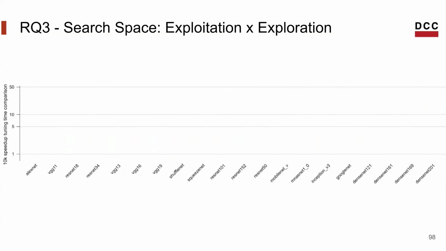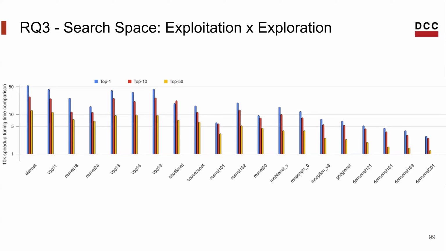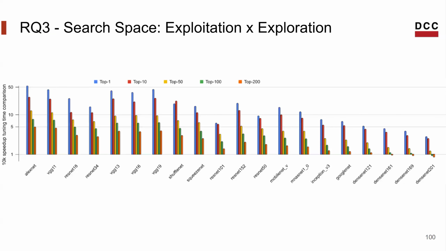And let's look at the search time issue, how much better it was. So on the y-axis, we have the search time relative to 10,000 samples of answer. When we consider up to 50 samples, our results are still faster than running 10,000 answer samples. We start to see a small delay after 100 to 200 samples on DenseNet.